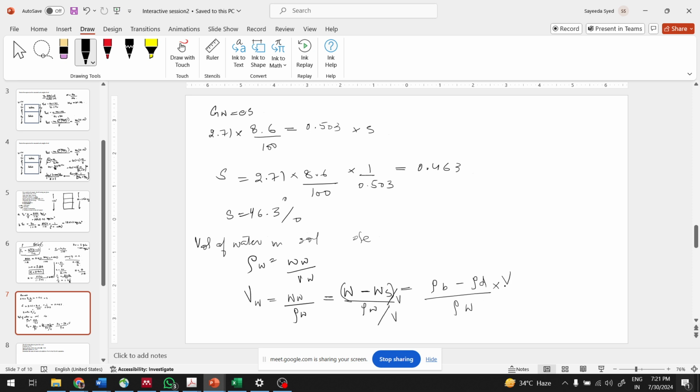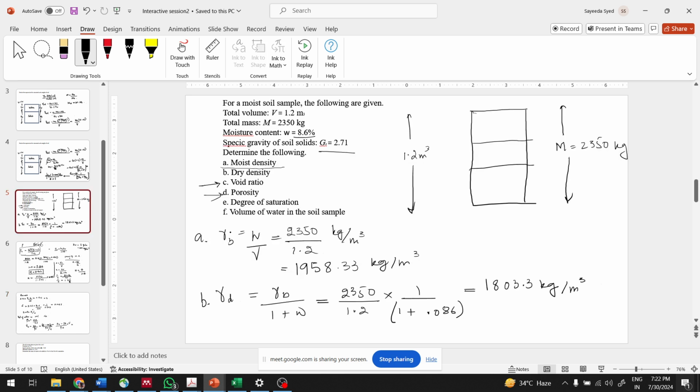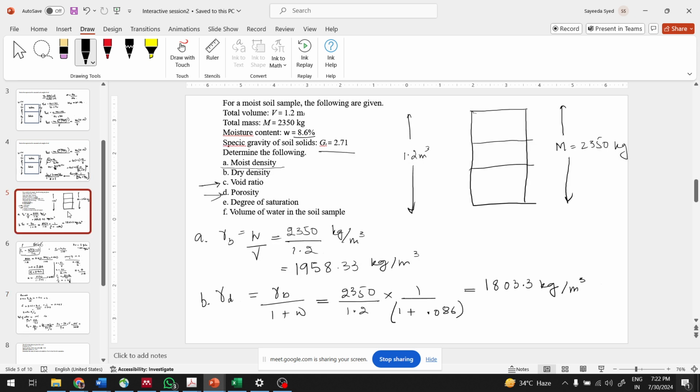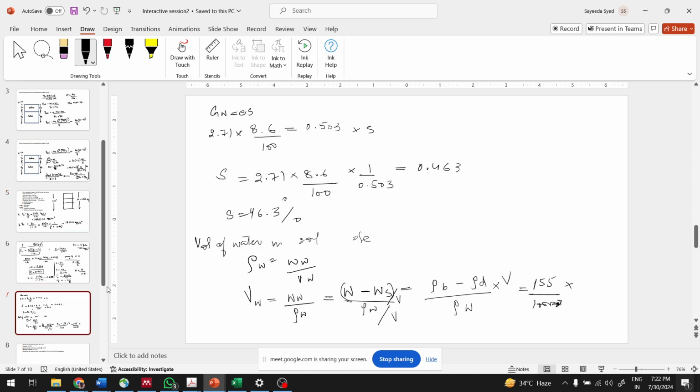So let's calculate if we get it right. Gamma bulk is 1958.33 minus 1803.33, 155, over 1000 into what was the total volume? 1.2 meter cube.